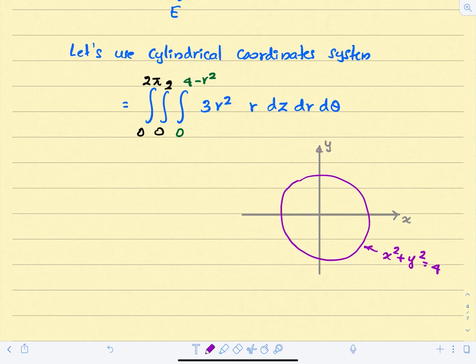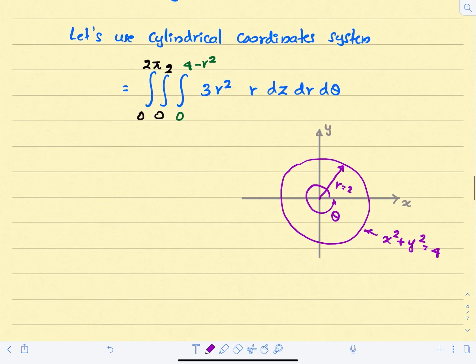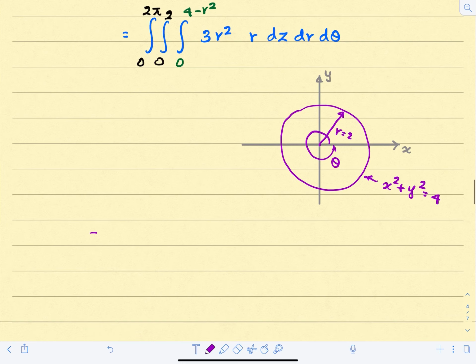Sorry. r goes from 0 to 2 and theta goes from 0 to 2 pi. Okay. Let's simplify the integrand. Your integrand becomes 3r cubed dz dr d theta.